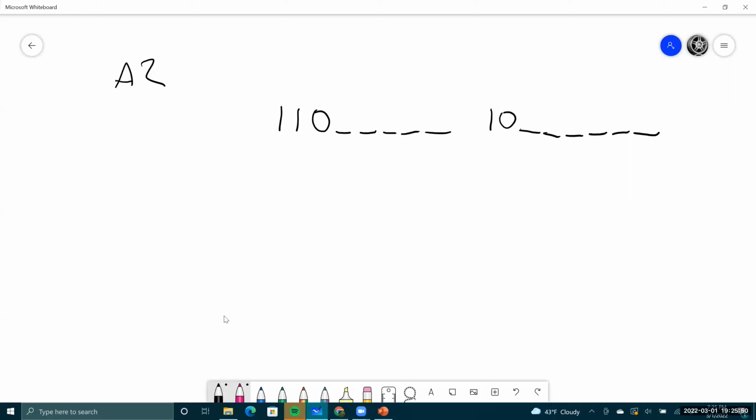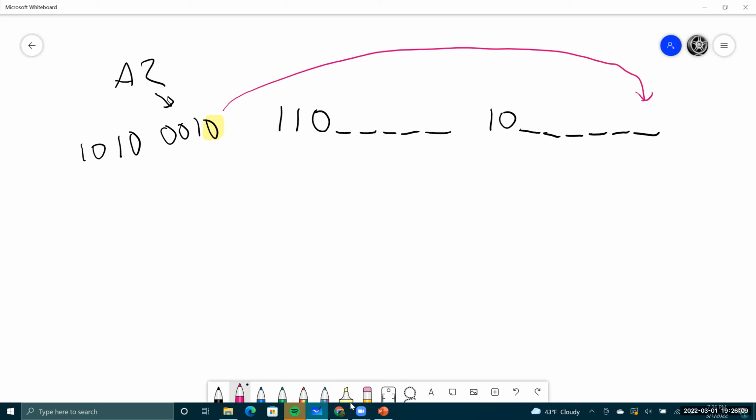So what I need to do now is take A2 and convert it into binary, right? So this is going to be 1010 for A, and 0010. Once I have that, I want to start from the least significant bit and start populating that. So this will be 0, 1, 0, 0. And now I'm going to take this part and populate over here.